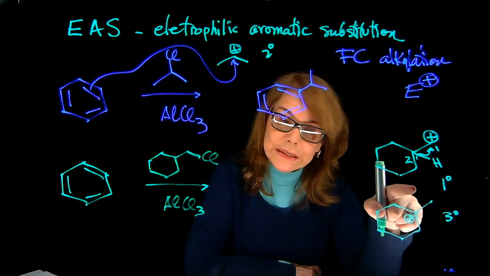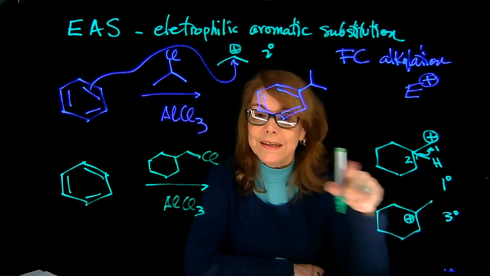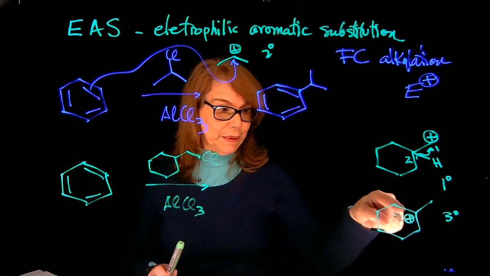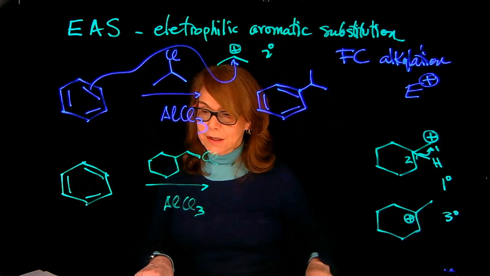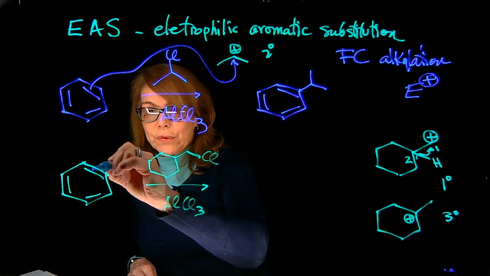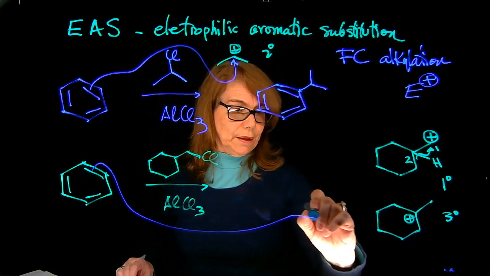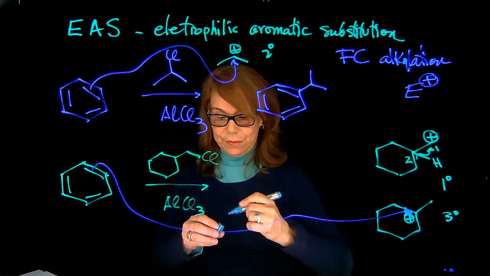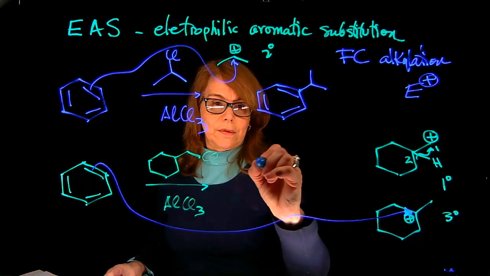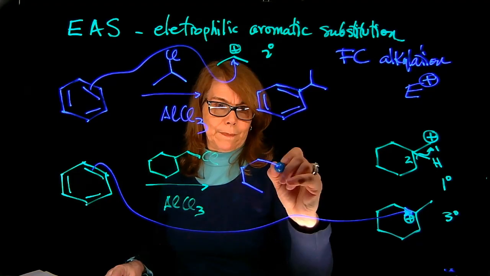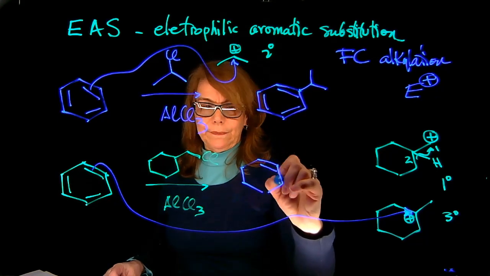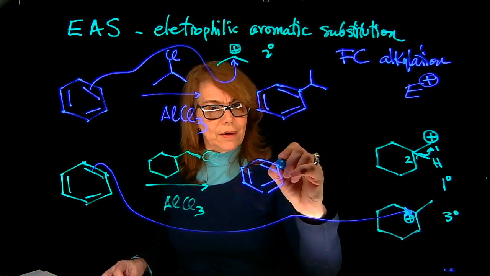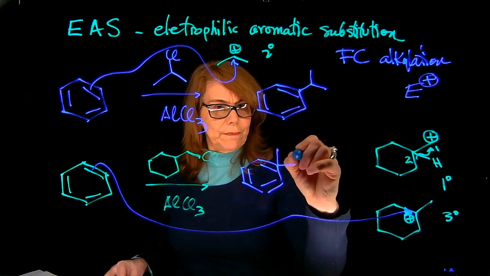So when you generate something like that, your product is not going to be as if you attached from here, but this is the electrophile. In other words, your nucleophile is going to be attacking right there at that carbon. Therefore, your product now is going to be, you're attacking there, and it's that carbon that is going to be joined.